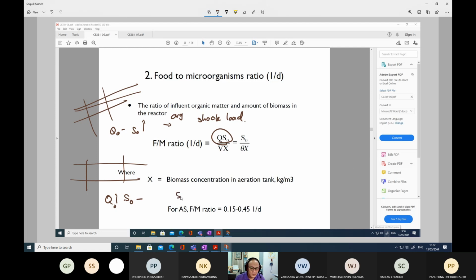This also could be a shock load. But this load increased due to the increase of the flow. So this kind of shock load we normally call a hydraulic shock load.